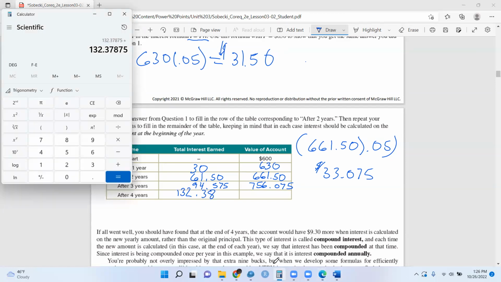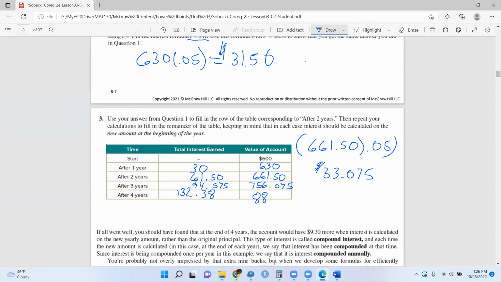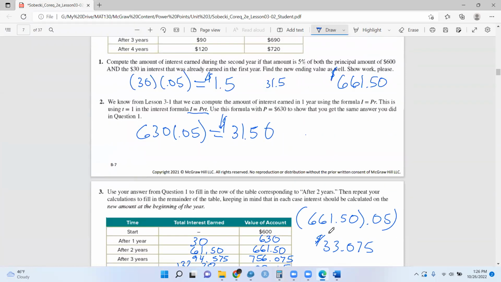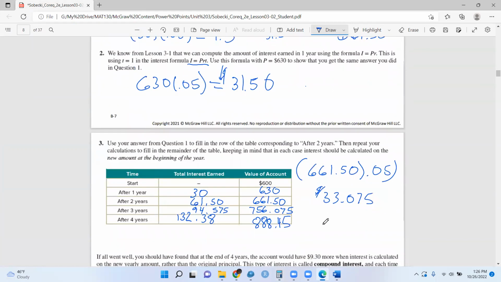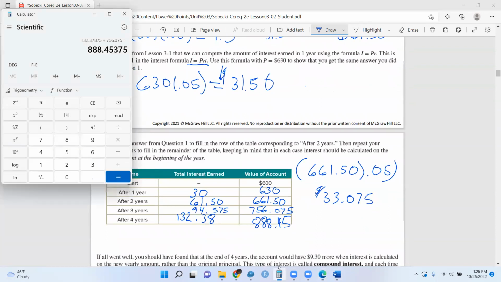Add to that 756.075, and the new account balance is 888.45. Boy, what did I do wrong? Feels like something happened here.